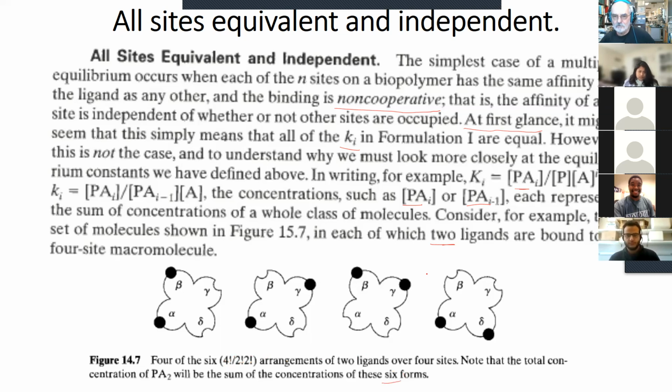Here are 4 of them. So it's alpha beta or alpha gamma or alpha delta or beta gamma. Those would be 4 of them. Notice there are only 2 across here. Another way to represent this would be to have 2 across this way in this funny tetramer, right?